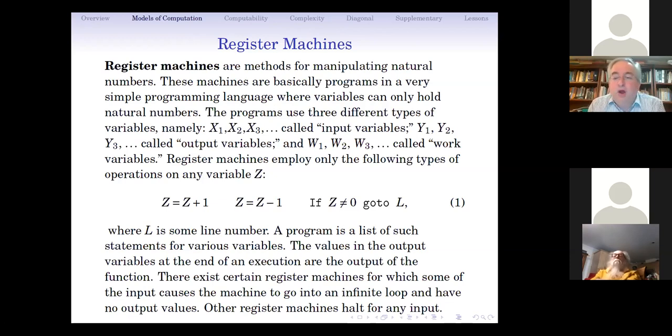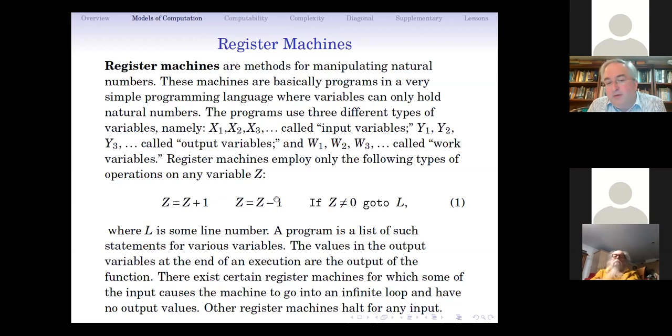Register machines employ only the following types of operations on any variable. You can increment a number, you can decrement a number, and you can do what's called the conditional branch. There are different ways of defining register machines. Everybody has their own definitions, but the point is they're all equivalent.